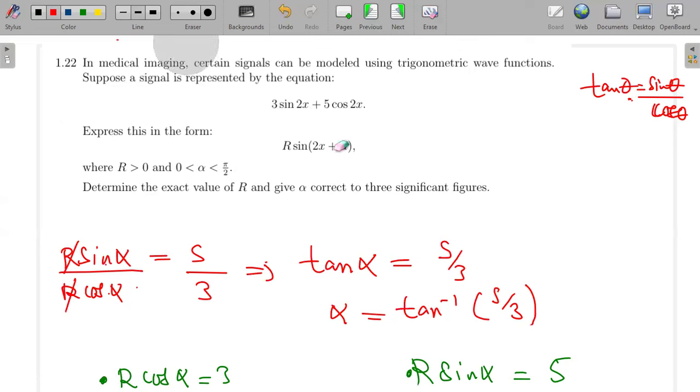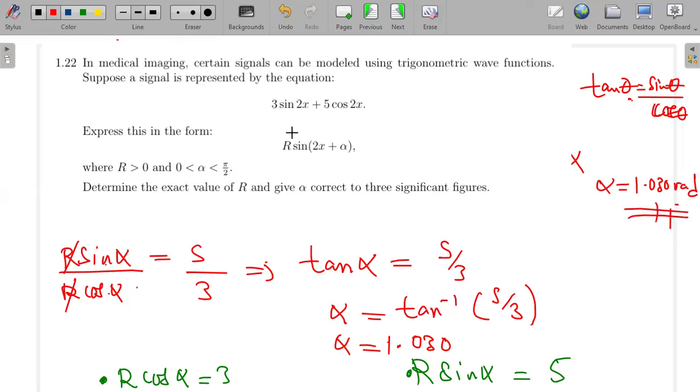Put your calculator in radians and then punch this one here. The inverse of tan 5 over 3, according to my calculator, so please confirm it, I'm getting 1.030. So I found my angle, my alpha. My alpha is just 1.030 rad.